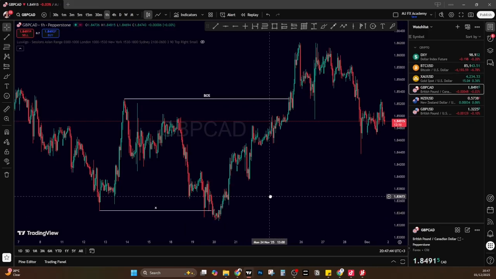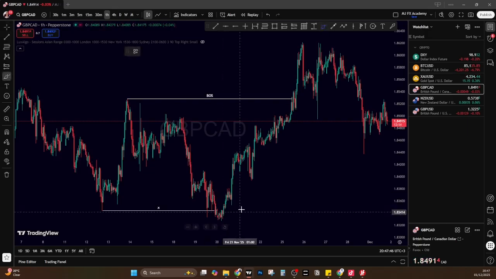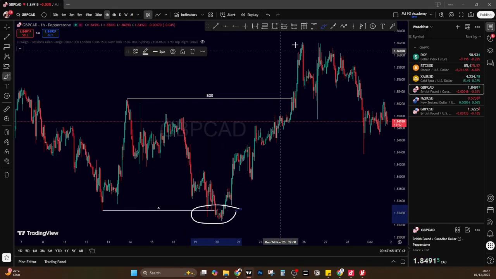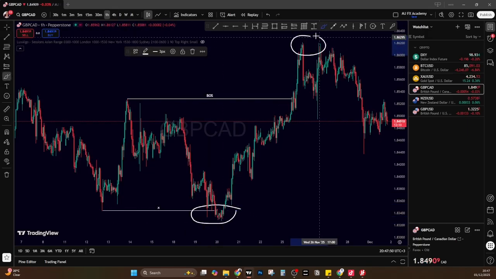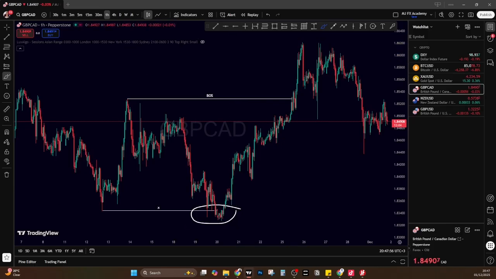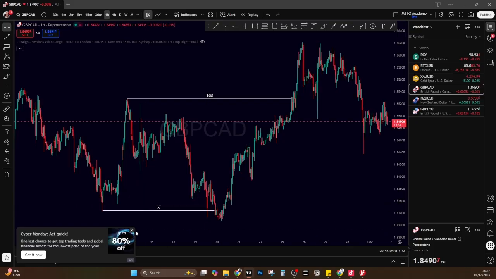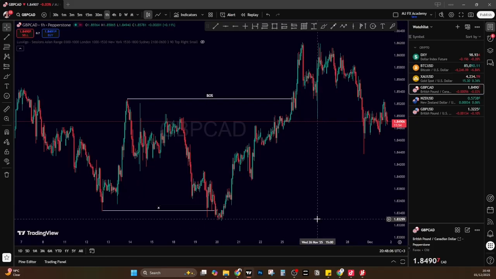So this becomes our strong low. This becomes our weak high. Okay? So for you to understand whether the high or the low is weak or strong, first look at where the market took out liquidity and continued to break the structure.